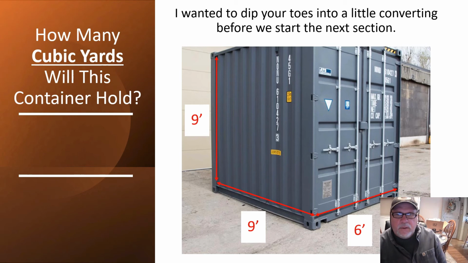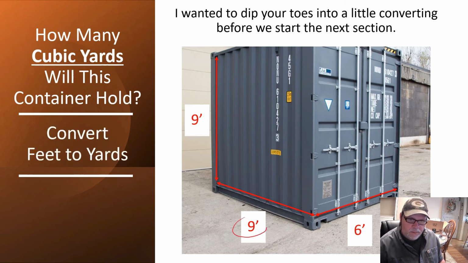Well, let's get our toes wet again. We want to do a little preliminary converting before we get into our next section. How many cubic yards will this container hold? Well, we know it's 9 feet times 6 feet times 9 feet. We can convert that. We can look at 9 feet and convert that to how many yards? 9 divided by 3 is 3.